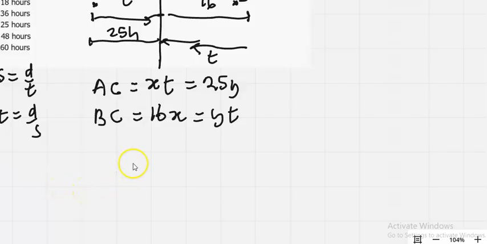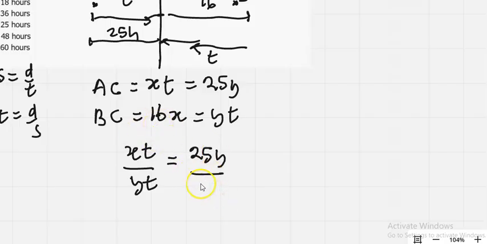So let's set up the ratio. xT over yT, that means AC over BC, equals 25y over 16x. So if x goes over to this side and y comes over to this side, this becomes x over y, squared.